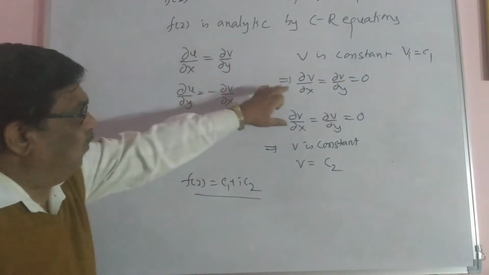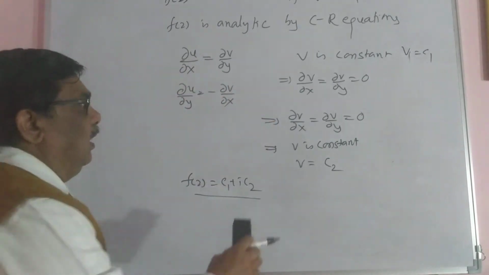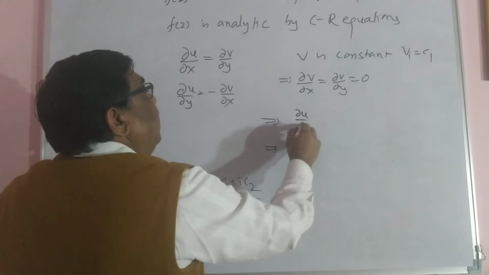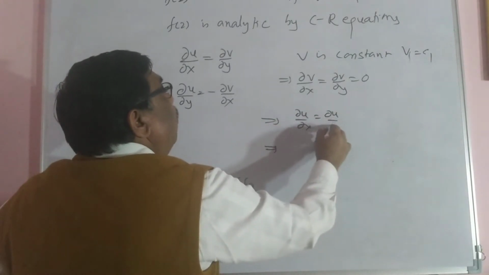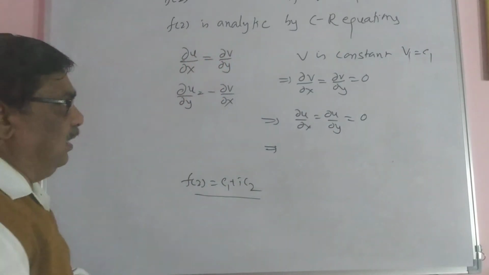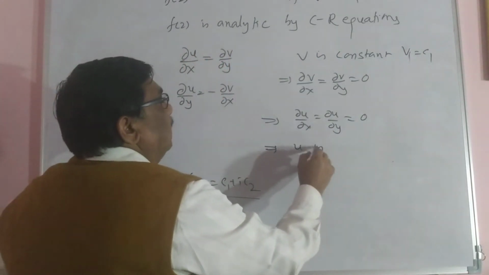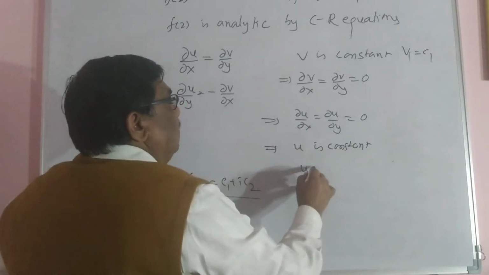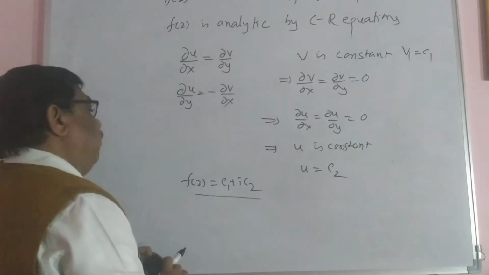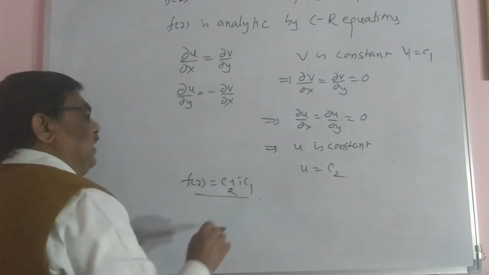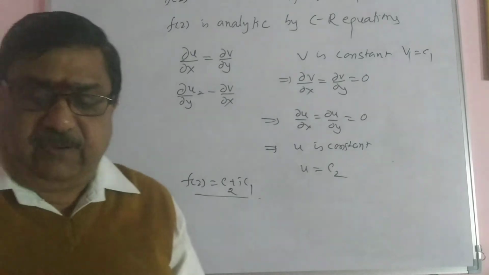Therefore, if you compare these two equations, dou u by dou x and dou u by dou y are also 0 because of the CR equation. This implies u is constant, u equal to c2. Therefore, I can write f of z equal to c2 plus i c1. That is the constant function.